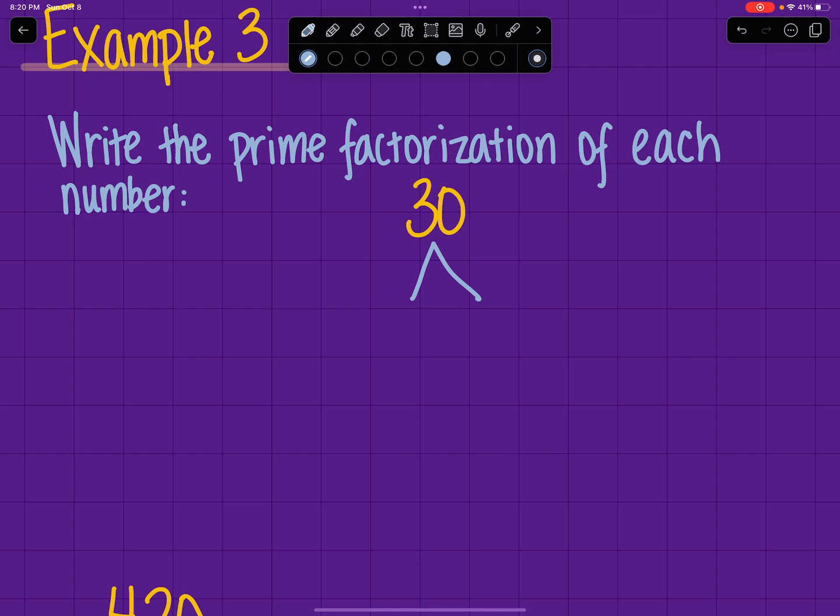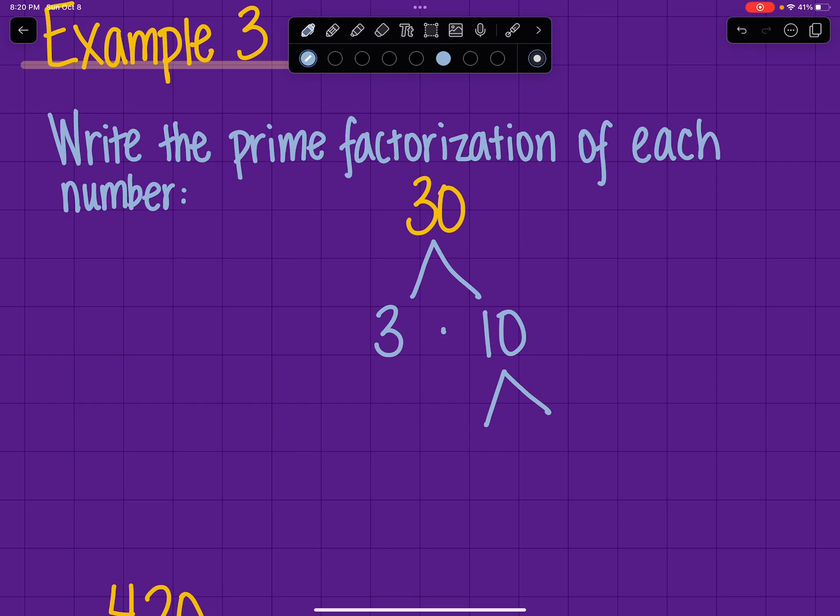So 30 is going to be 3 times 10. Once you get to a prime number, you can stop on that branch. So I don't have to do that branch anymore. But 10 is not a prime number, so I have to break that one down further. So let's break that down into a multiplication problem that I know. It's 2 times 5, right? And then it turns out that 2 is a prime number and 5 is a prime number, so I'm done.